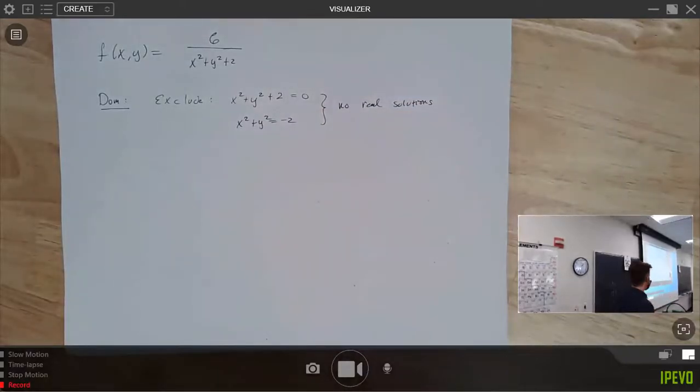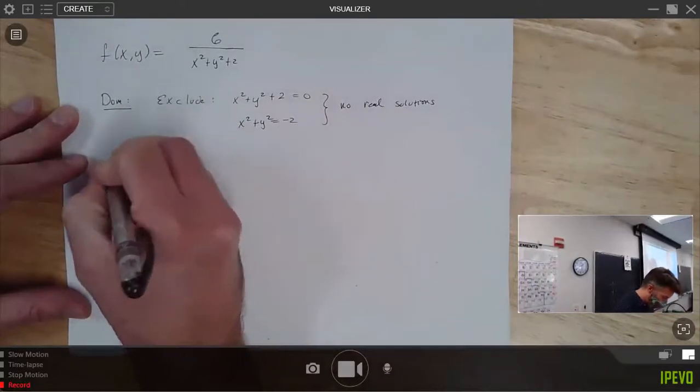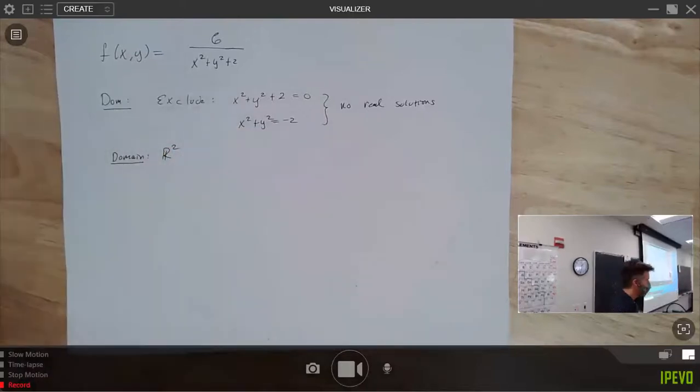Now I want to point out, our domain doesn't consist of numbers. Our domain consists of coordinates, x, y pairs. So the domain here, if you wanted to be very short about your answer, you would say the domain is R2. Some people say R squared, but R2 is the more common way of saying it.